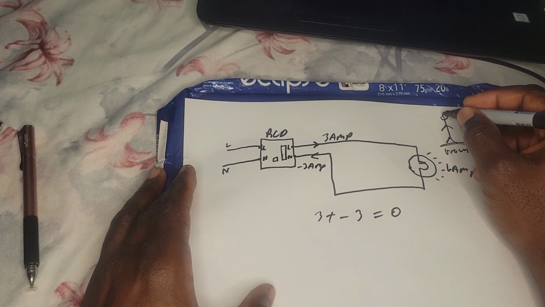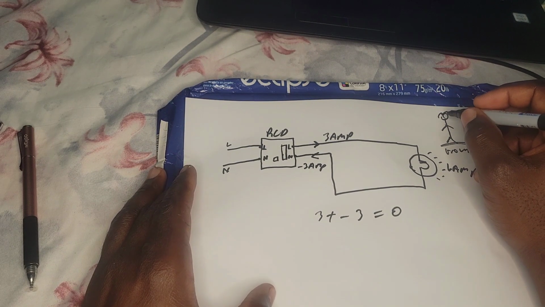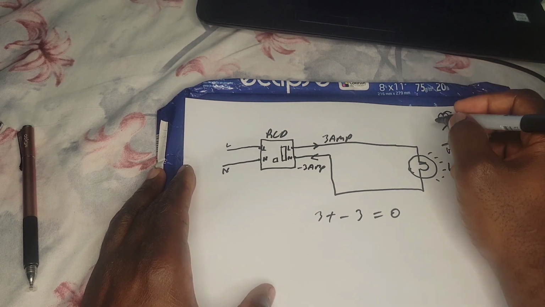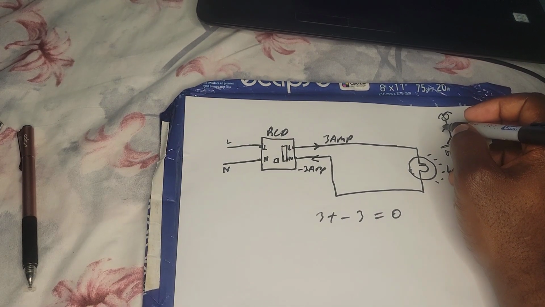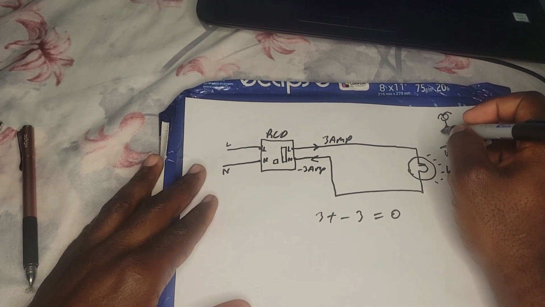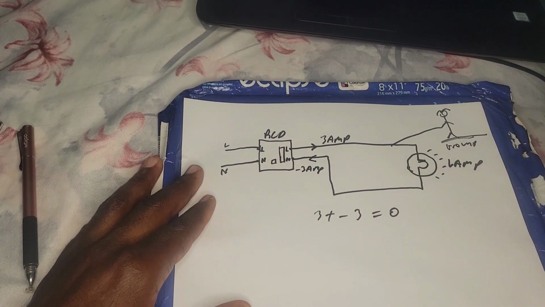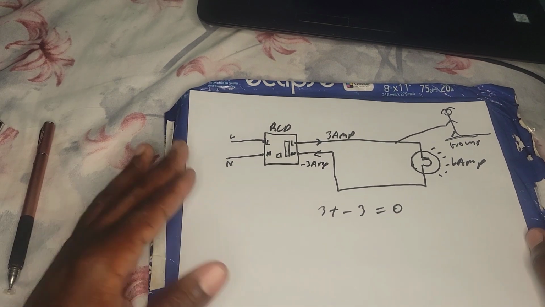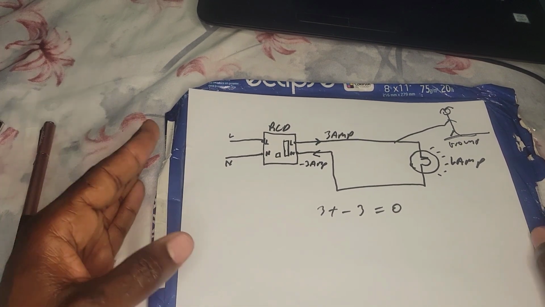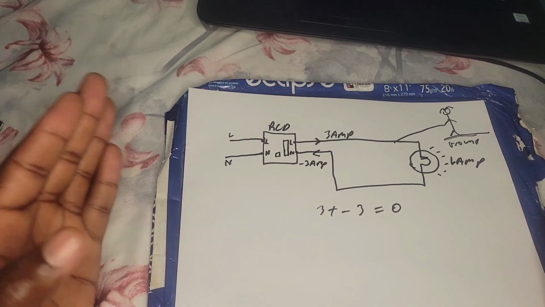How is he going to reach this now? Let's say he has a metal stick in his arm. He's playing with a metal stick, and he touched this live wire with the metal stick. He's a young boy, he doesn't know. The metal stick that he has is a conductor.